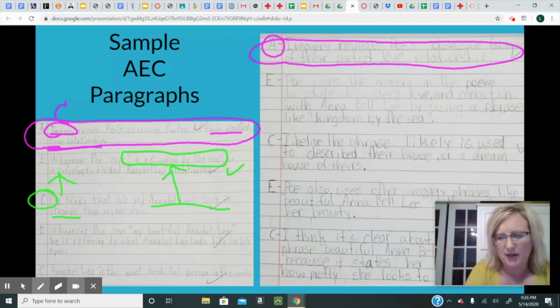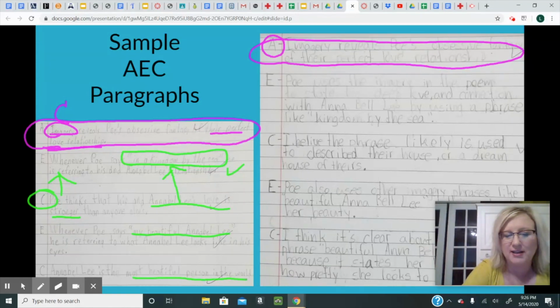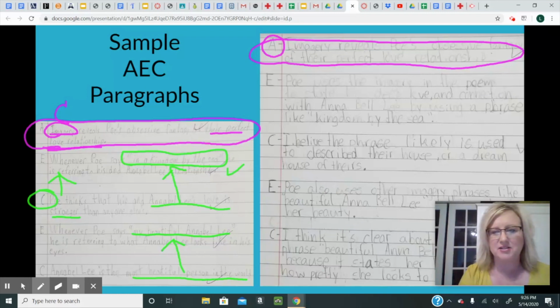And that was why the commentary made sense. Again, these are first efforts, don't judge. Then there's this one, My Beautiful Annabelle Lee. And this is the most beautiful person. So again, opinion that supports that evidence. And all of that is talking about this perfect love relationship and his obsessive fantasy.